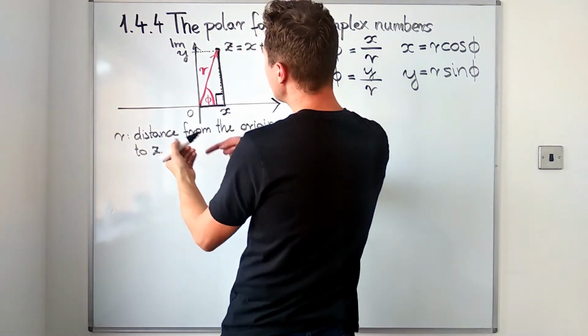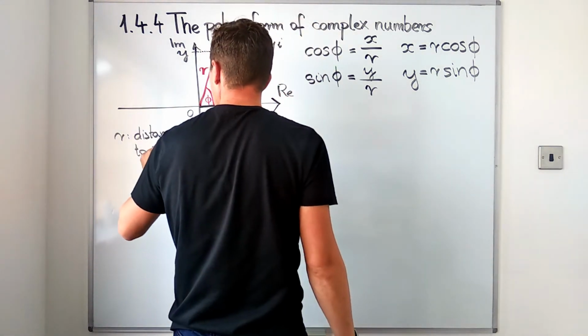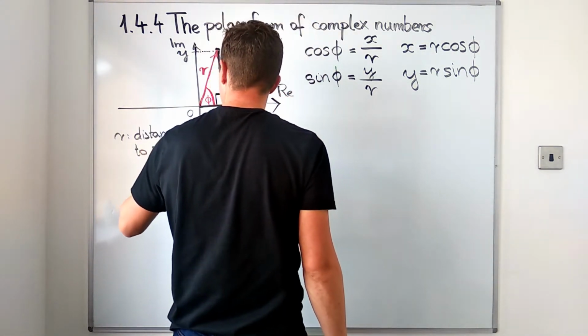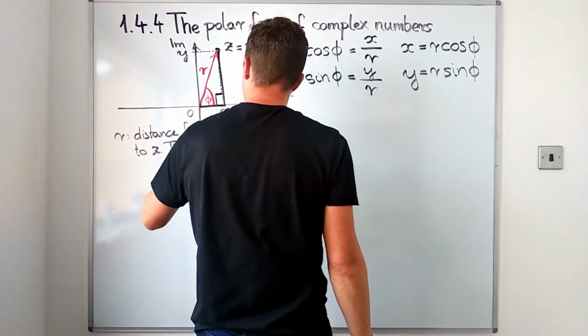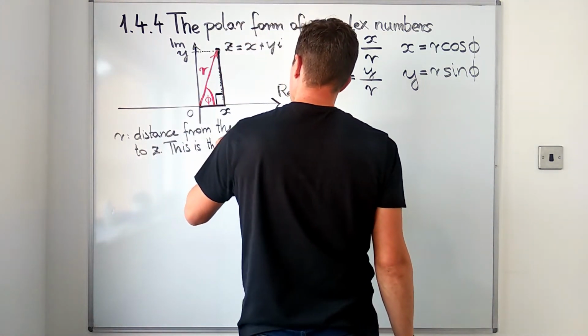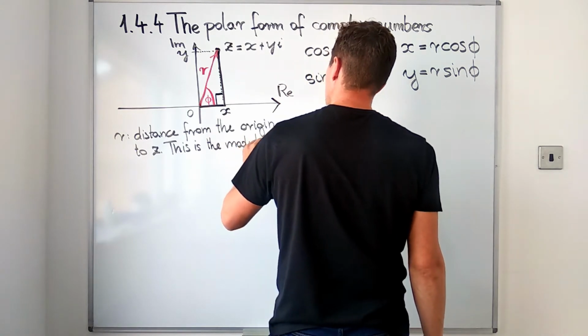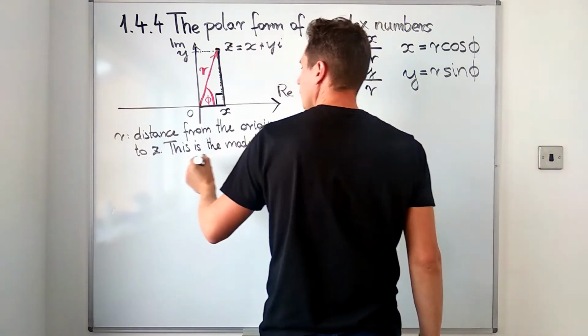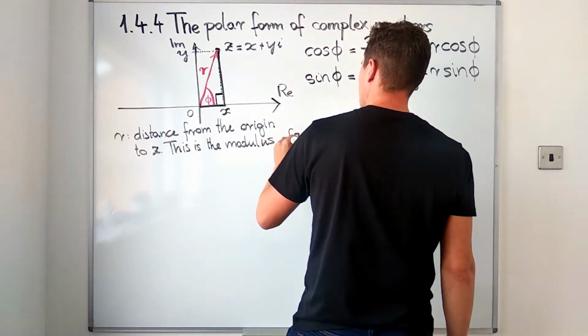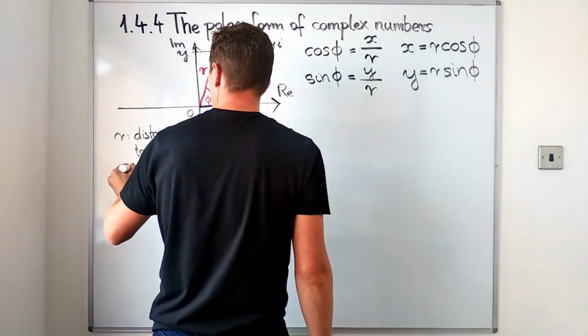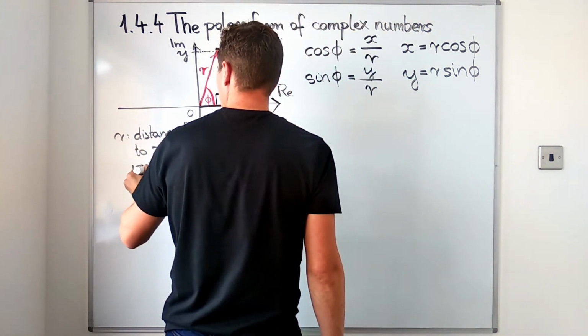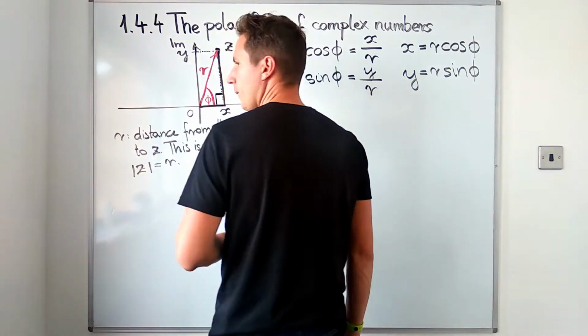Now, we have a different name for this quantity. We also call it the modulus of z. And we denote this modulus by the absolute value of z. So this is r.